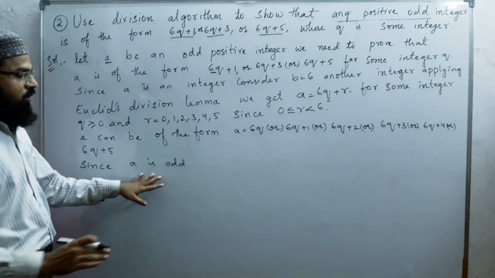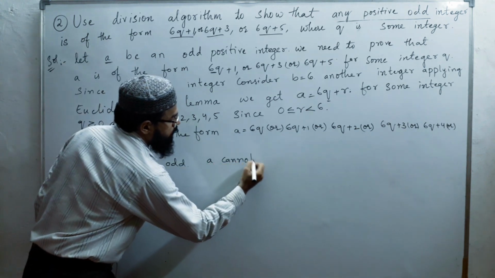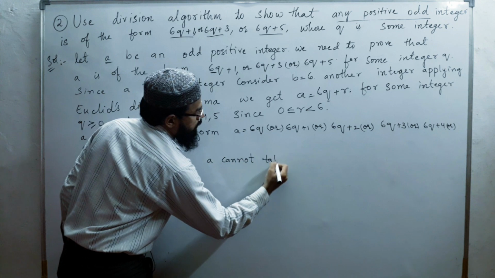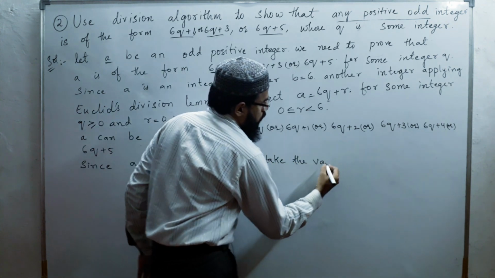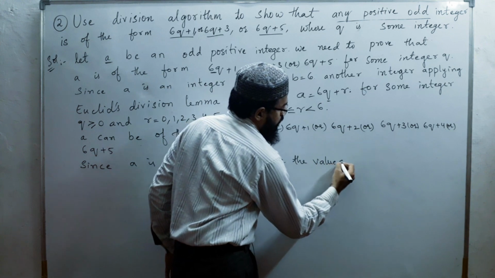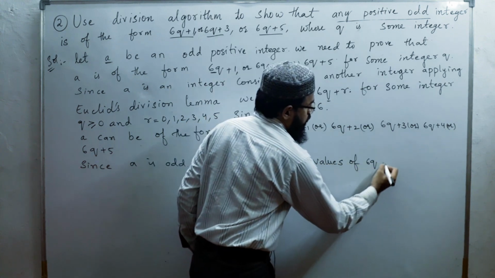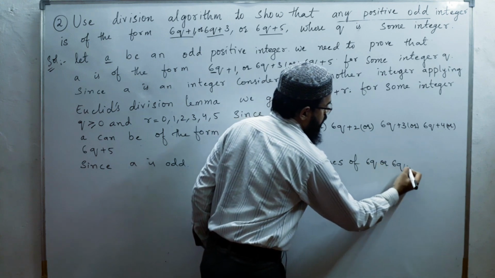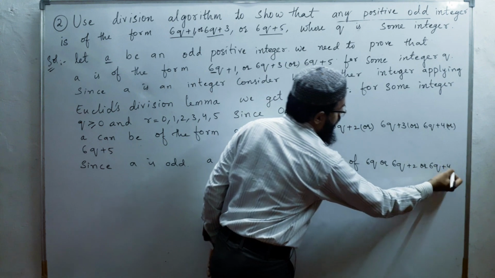Since a is odd, a cannot take the values 6q or 6q plus 2 or 6q plus 4.